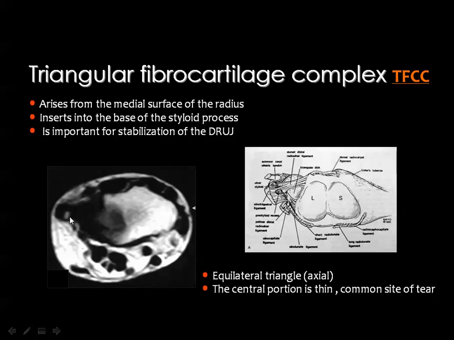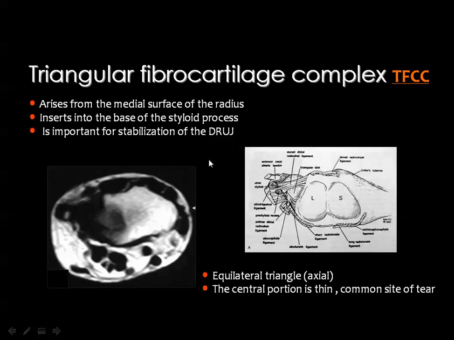The triangular fibrocartilage connects the ulnar styloid process to the medial surface of the radius. It will appear as a triangle in the axial image with its apex at the ulnar styloid process. And you know, this triangular fibrocartilage is very important for stabilization of the distal radioulnar joint.